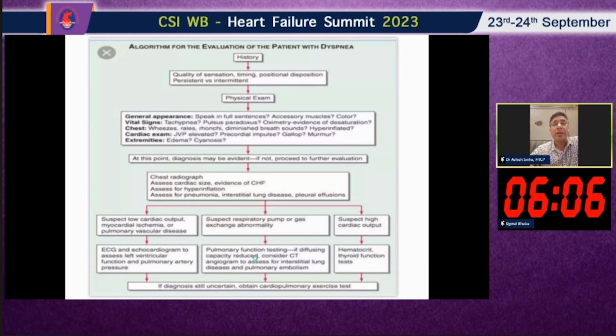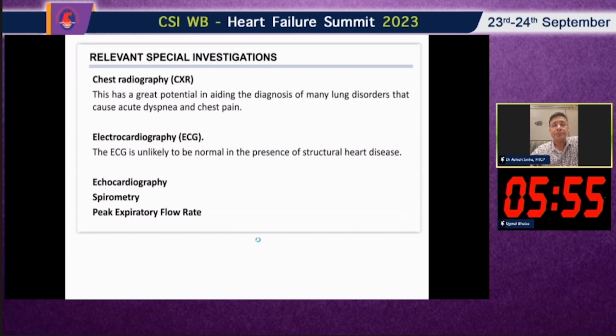Suppose you don't have a diagnosis, then definitely I would investigate, which I'm not going to touch right now because another person is going to talk about investigation. So I'll skip this slide. I believe this has to be taken by someone else, so I don't want to talk on this.